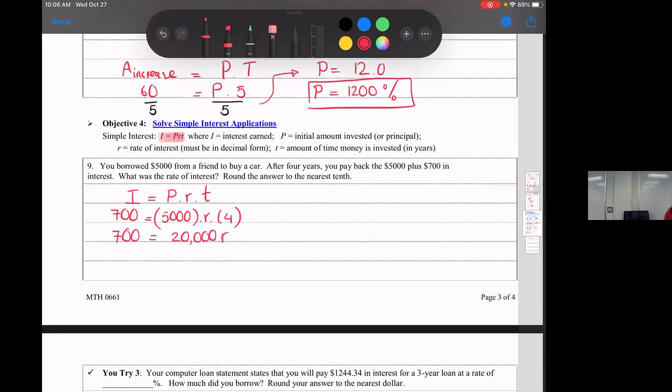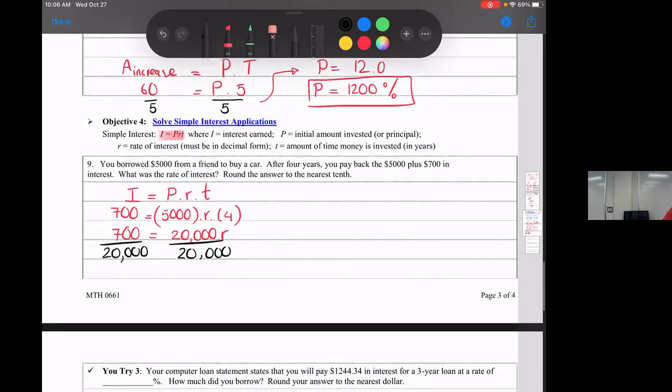R. Divide both sides by 2,000. I'm sorry, 20,000. Sorry. Oh, good thing you caught that. I mean, you pay attention. R equal, what you have? 0.03. Oh, okay. R equals 0.035. No, don't round it up. Which is what?